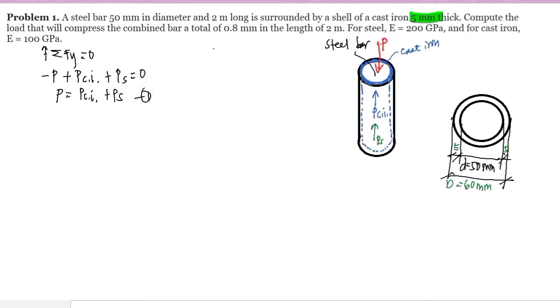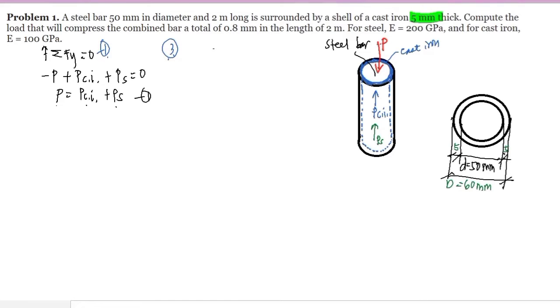Since from the definition of the statically indeterminate members, we have here 3 unknowns. We don't know what's the value of P, the P cast iron, and the P steel. So here, since we have 3 unknowns and we only have 1 equation to be used, we have 3 minus 1. This is statically indeterminate to the 2nd degree. That is just the difference between the unknowns and the available equations to be used.